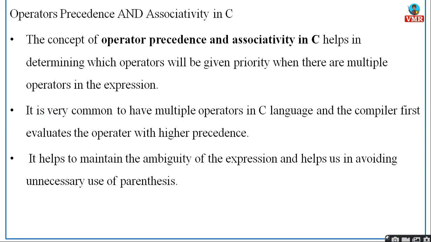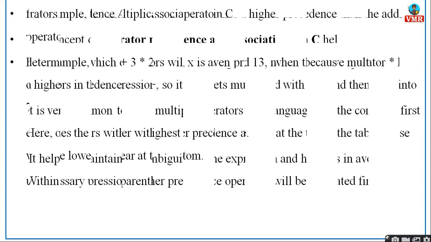Even in mathematics you used the BODMAS rule, that is brackets, orders, division, multiplication, addition, subtraction. You use that to find the expression value. Similarly, here precedence is used for solving expressions in C.